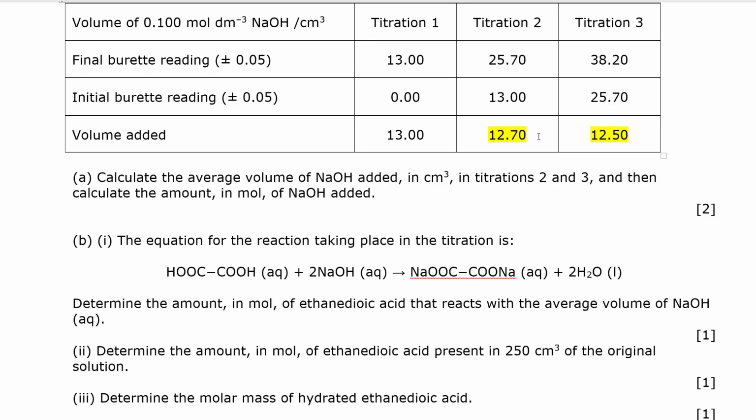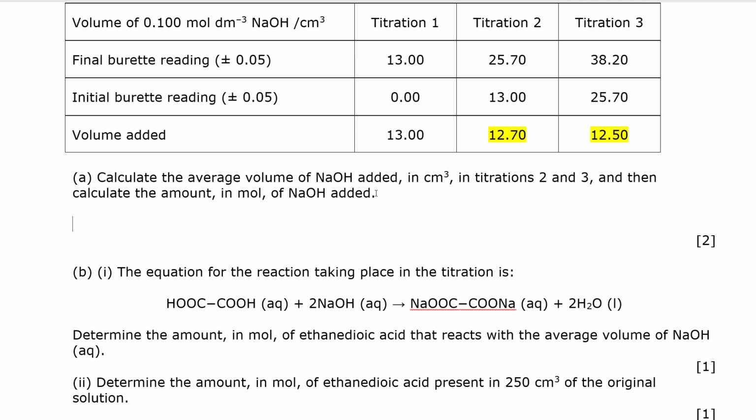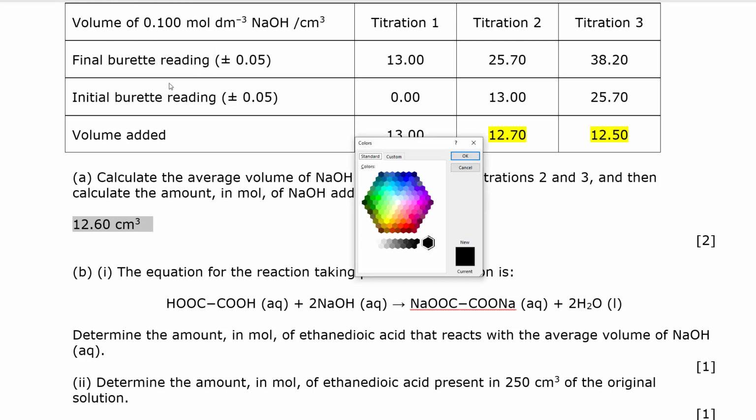These are the two most concordant results. So our average volume that should be used for this calculation will be the average of 12.7 and 12.5, which must be 12.6. So I'm going to put that down here, 12.60 centimetres cubed. Let's make it nice and blue so we can see the answers as we go.